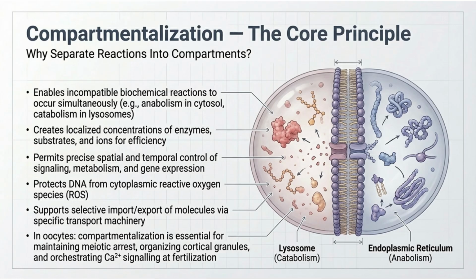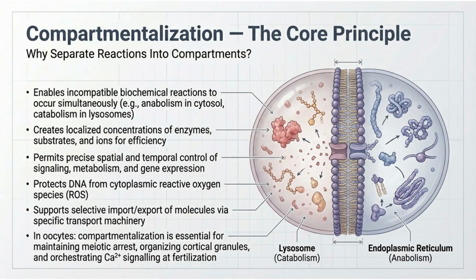By segregating them, anabolism largely in the cytosol, catabolism in lysosomes, the cell achieves an efficiency that would otherwise be impossible. It is rather like having separate assembly lines running in parallel in a factory, rather than trying to assemble and disassemble the same product at the same workbench.